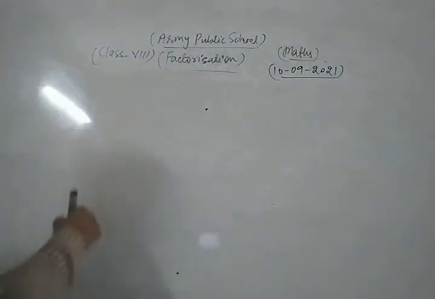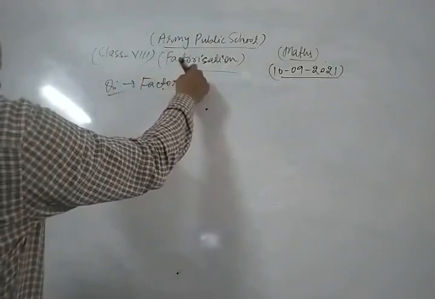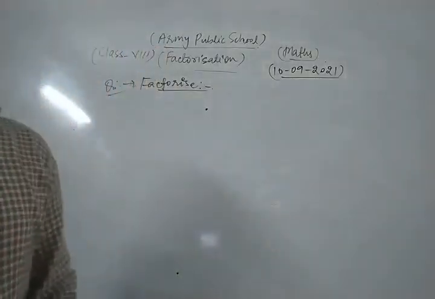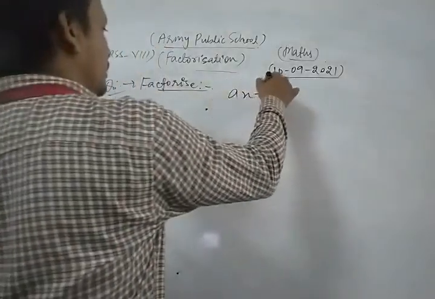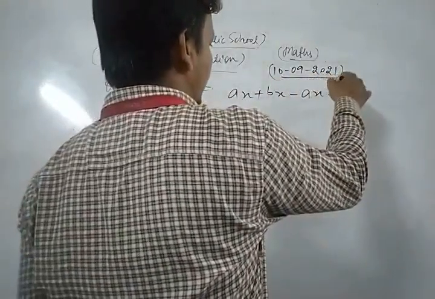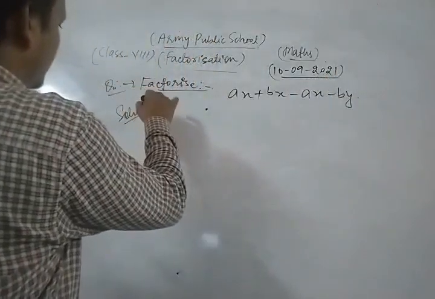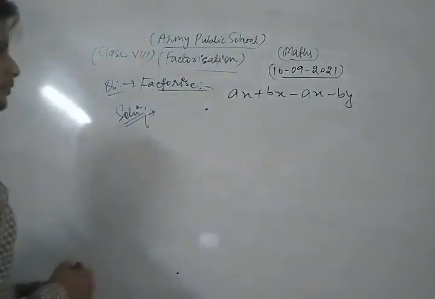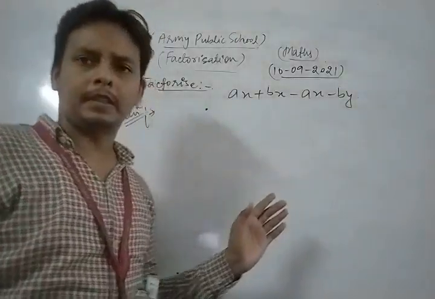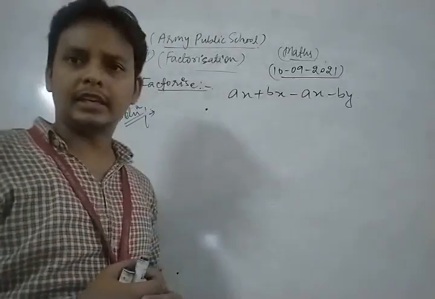The question is: factorize ax plus bx minus ay minus by.